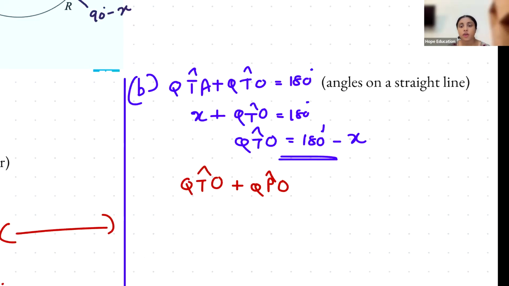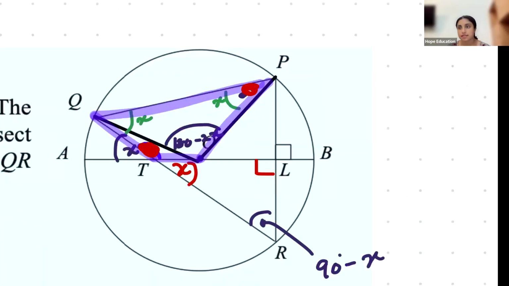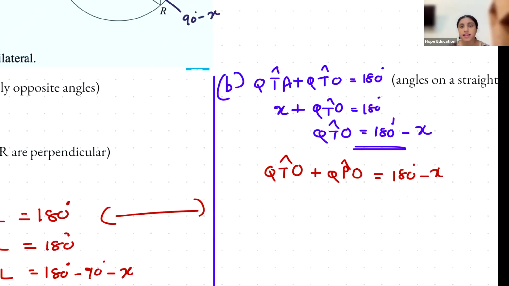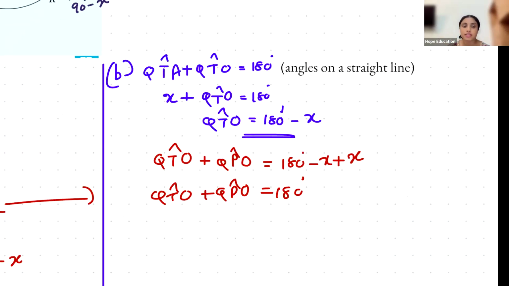QTO is 180 minus X, and QPO, the value we found here, is X. So 180 minus X plus X, the minus X and plus X cancel, and QTO plus QPO is 180. Therefore, opposite angles are supplementary. Therefore, QTOP is a cyclic quadrilateral.